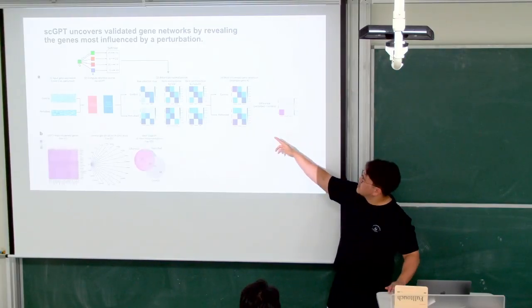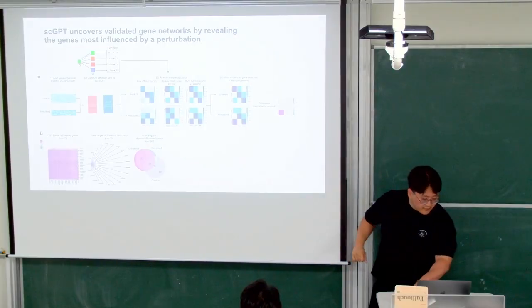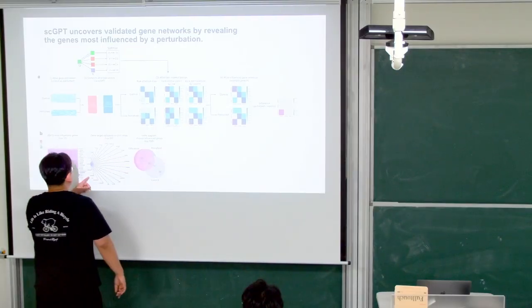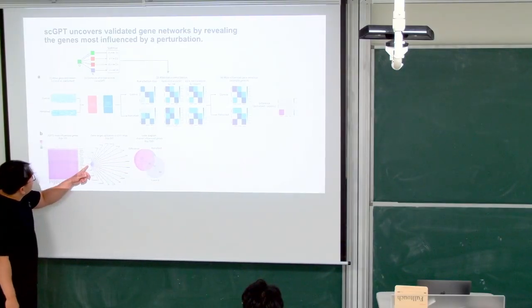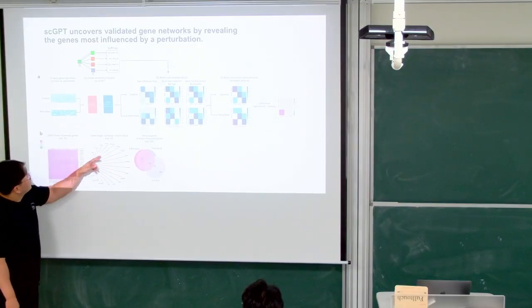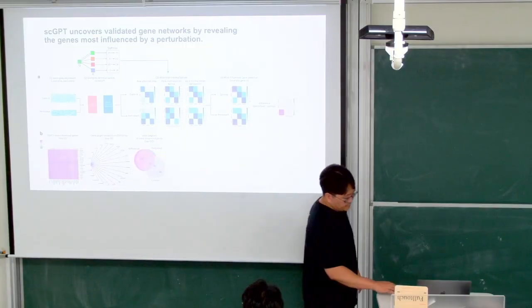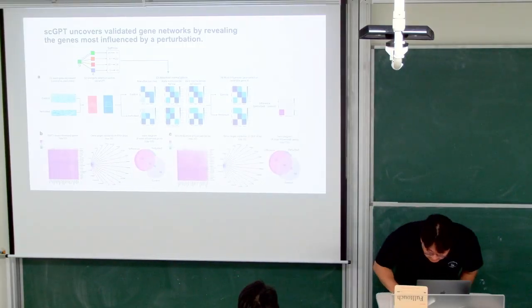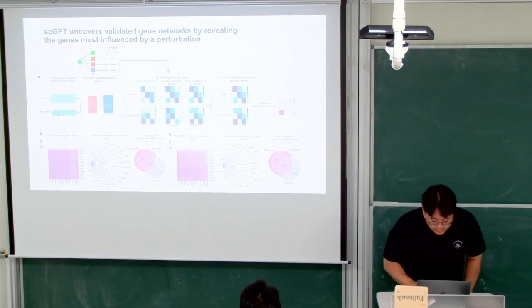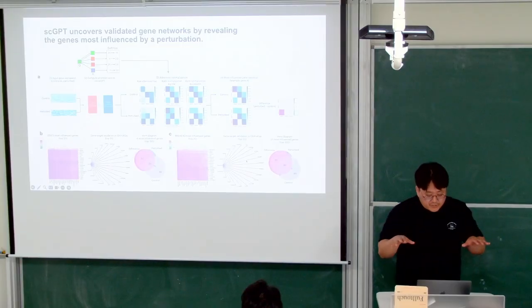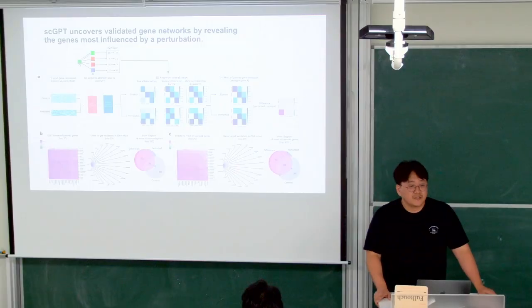Using this analysis, they found that DDIT3 affects multiple other genes. They also mentioned that this gene, DHL, affects other genes. And all this research is supported by previous studies.